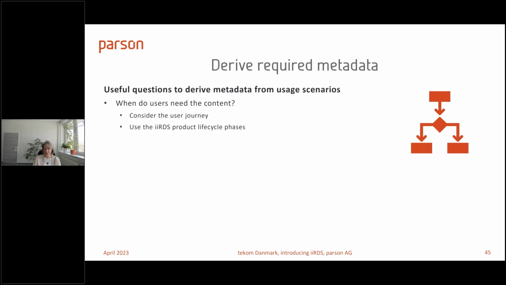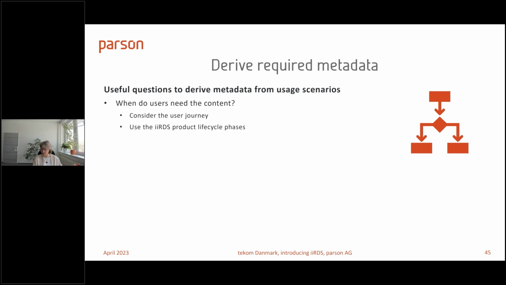So some useful questions when you want to define which metadata to use from iiRDS, or which extensions you need, are the following. When do the users actually need the content? Think of the user doing a journey.